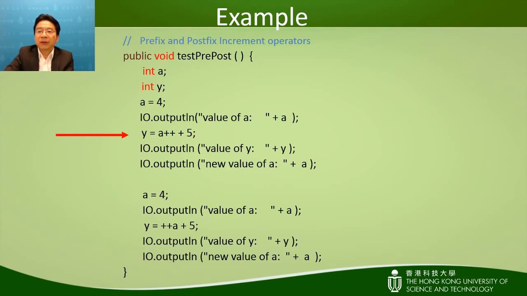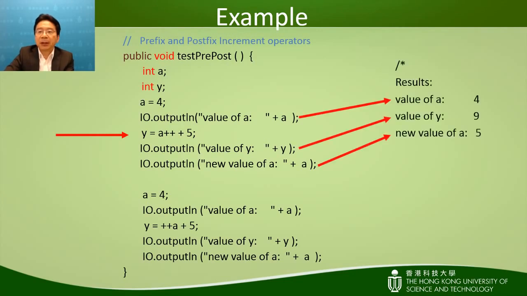The initial value of a will be used in the expression before increasing the value of a. So a++ will get a value of 4, which is the initial value of a. The value would then be added to 5, and the result of 9 would then be assigned to y. A side effect of a++ will also increase the value of a by 1, so a's value would be changed to 5.